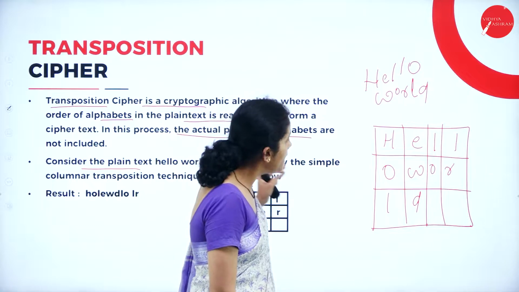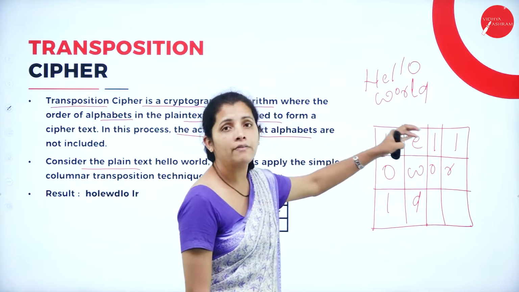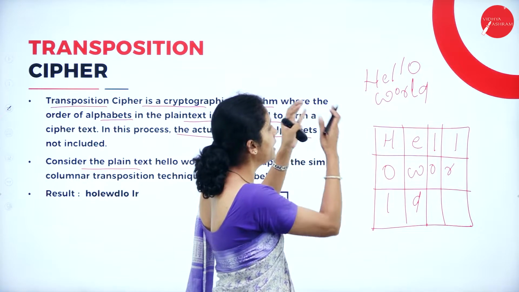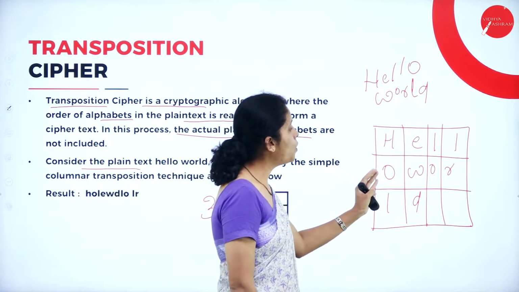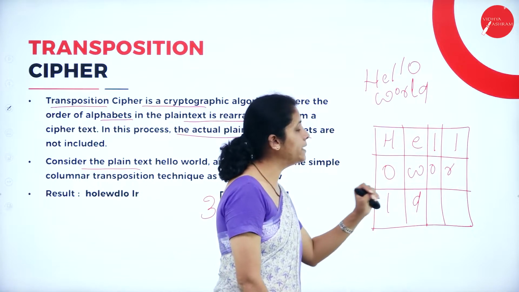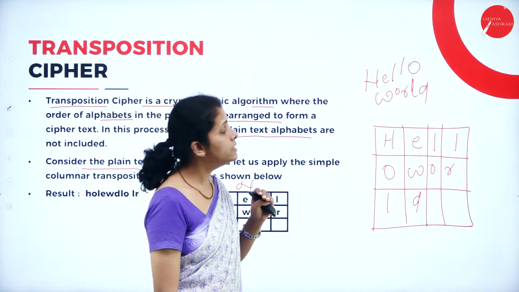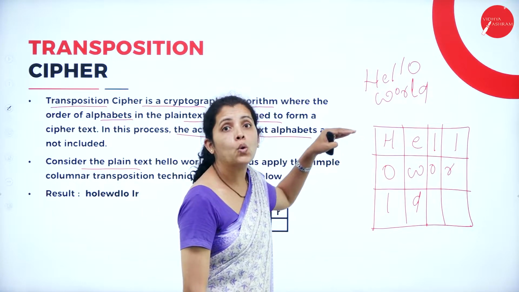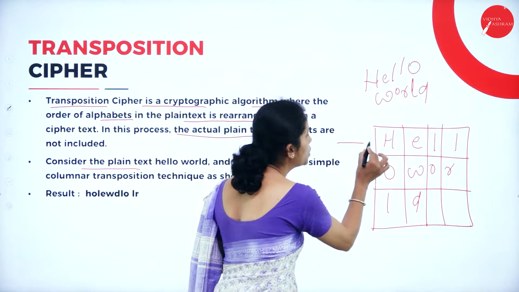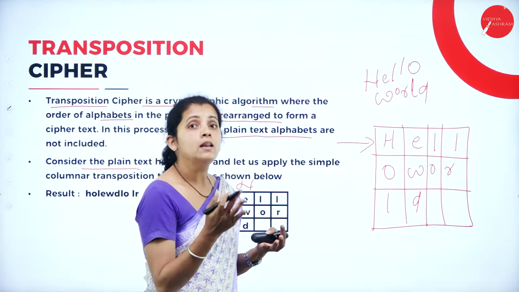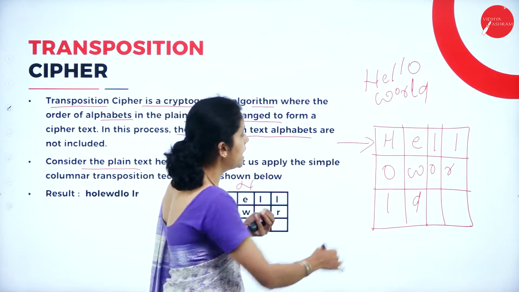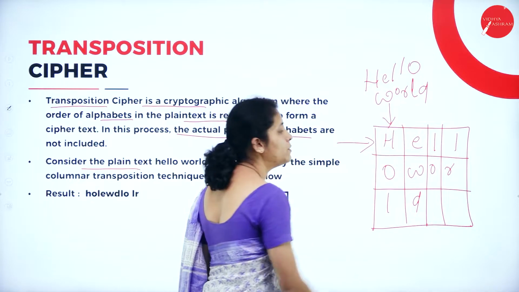This is how I placed the letters one after another. I started with H. After H, I have written ELLOWORLD. So how have I written it? It is in the form of rows. I have written row wise, and while making the ciphertext, I am going to consider column wise.